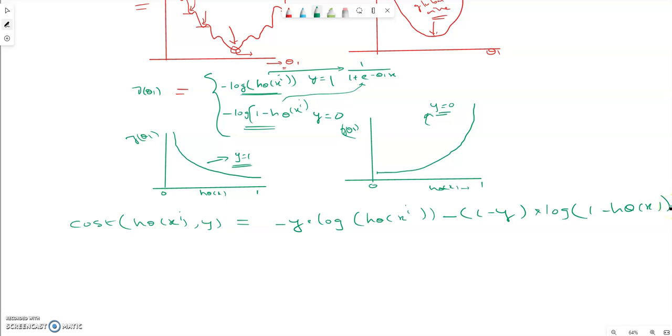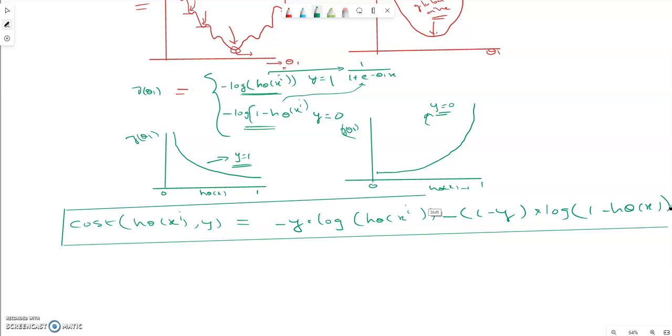Now I can write this equation by combining the above two conditions. If you put y is equal to 0 in this equation, you will get this equation, and if you put y is equal to 1, you will get this equation. Okay, now this is how my cost function looks like.